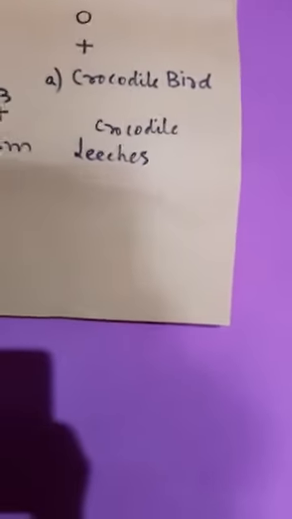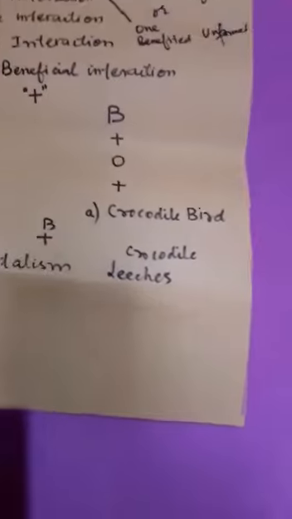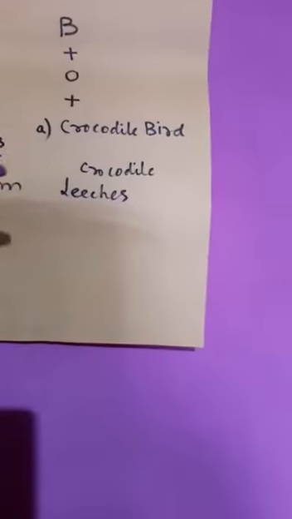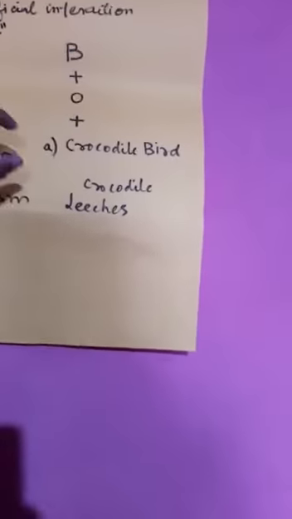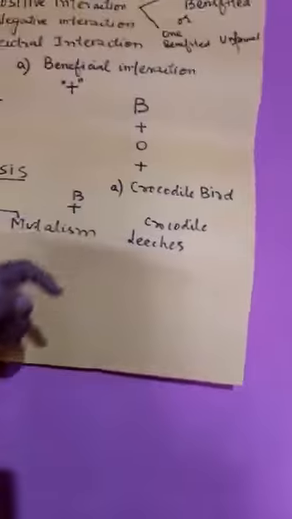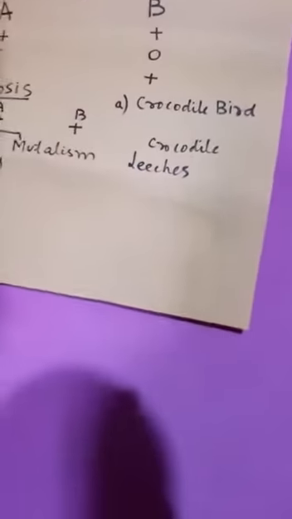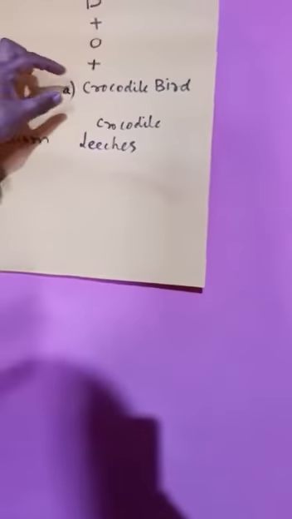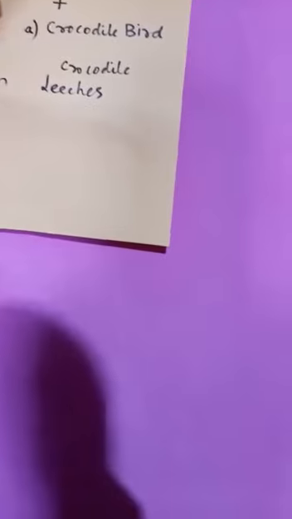These leeches give great pain to the crocodile. In order to overcome that pain, it keeps its mouth open. Now, what happens? The bird comes when it sees that the mouth of the crocodile is open. It enters the mouth of the crocodile and takes away those leeches.